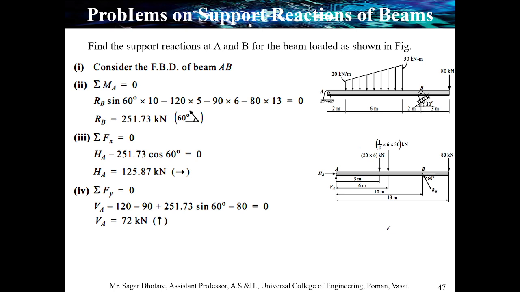Then the vertical component of reaction B, which occurs due to rolling contact support, that is 251.73 sin of 60, and the last force is 80 kilonewton, acting in a downward direction, so it is negative. By calculating this equation, we find the value of VA is equal to 72 kilonewton, acting in upward direction.